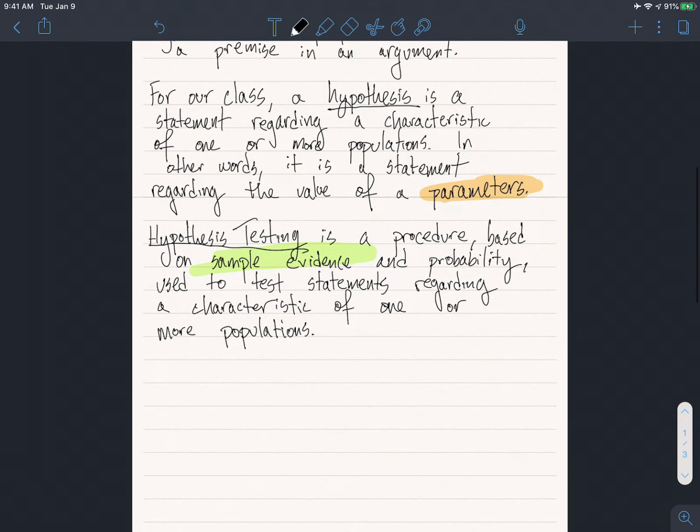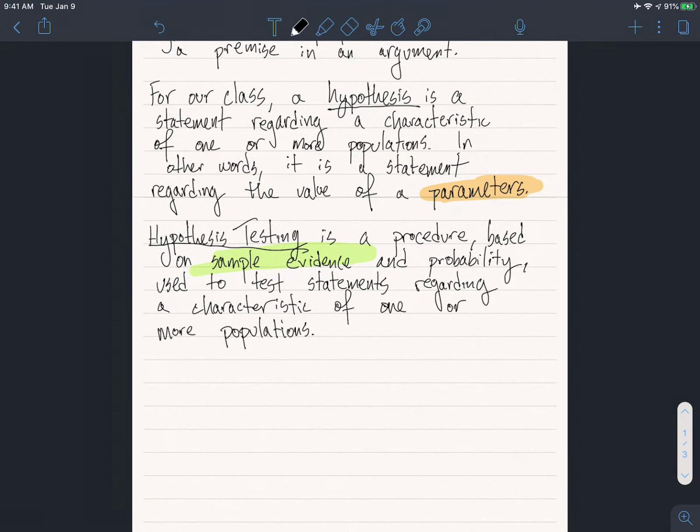So if my hypothesis was that 13% of people are left-handed, and you go out and gather sample evidence, let's say you sampled 1 million people, and you find it's actually 30% of people are left-handed, wouldn't you come up to me and say, actually, I think it's 30%, Nick. I don't think it's 13%. Look, I sampled 1 million people. Here's my evidence. That's what hypothesis testing will do.